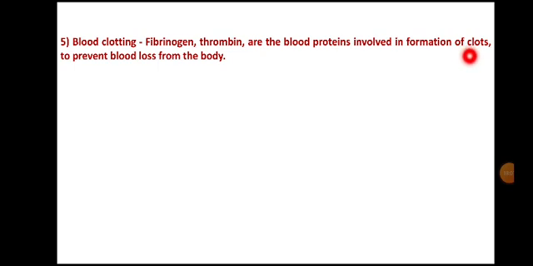So whenever there is any injury, in order to prevent the loss of blood, in order to prevent bleeding, there is formation of a plug. That site is plugged or it is blocked in order to avoid the bleeding. We call it as clot. So these are the proteins which are involved in formation of clots that prevents blood loss from body.